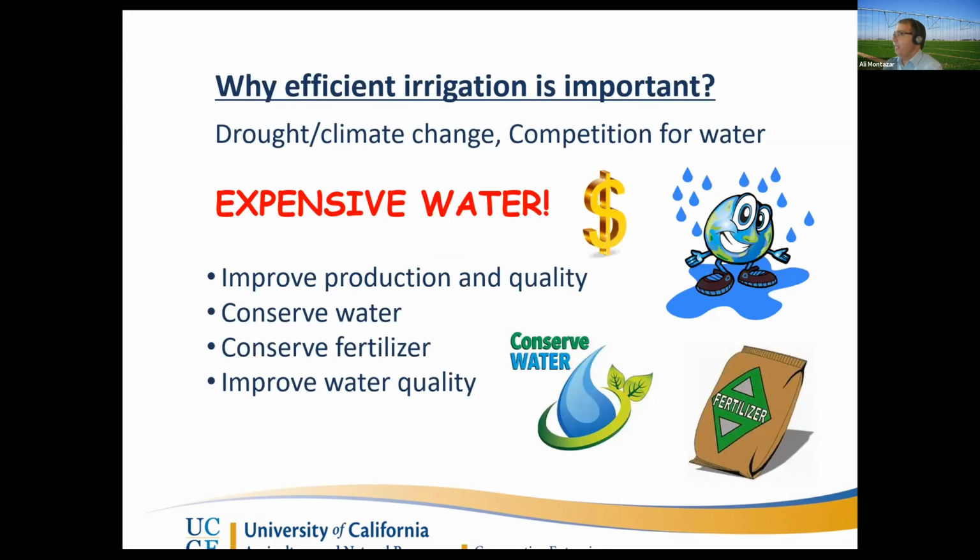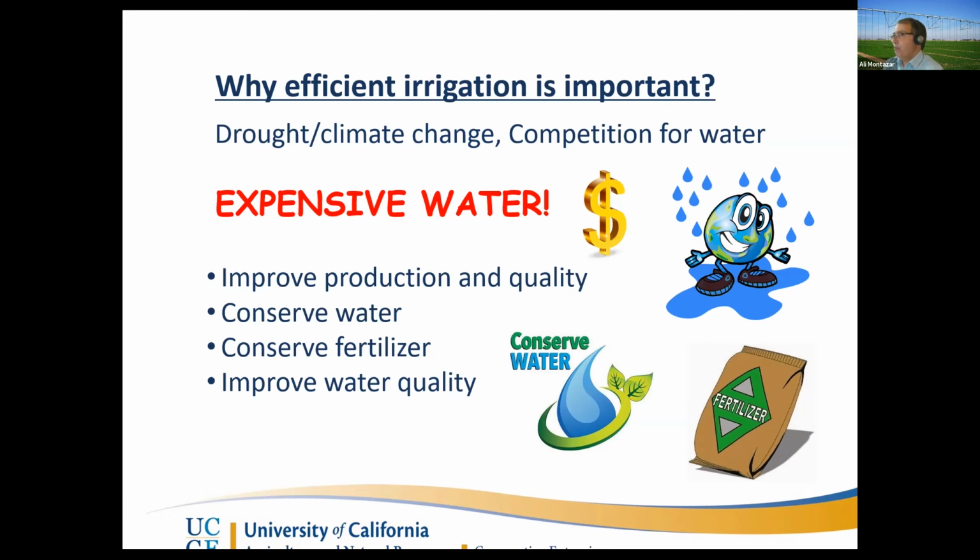Well, I think the importance of efficient irrigation in San Diego County is common sense, because we have one of the most expensive ag water in the state. There is competition for water between different sectors, and we are expecting more impact from drought and climate change in the future. But it's not everything.